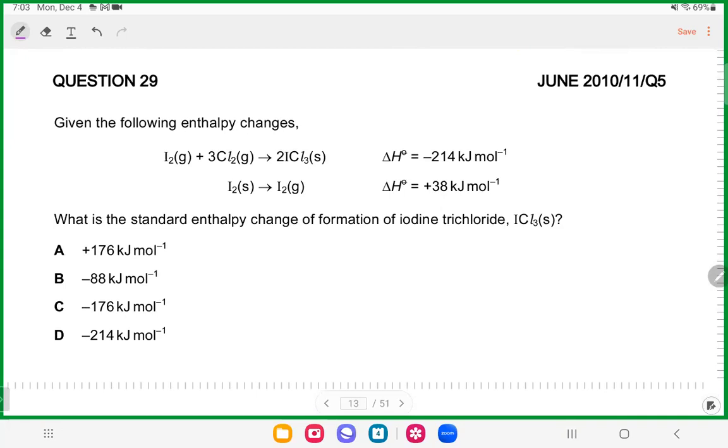But you have to find out the enthalpy change of formation of ICl3. Should I do it or you try it by yourself? देखिए, now you have to find out the equation. Enthalpy change of formation of ICl3 is this one: half iodine solid plus 3/2 Cl2 gas. State symbol is very important.